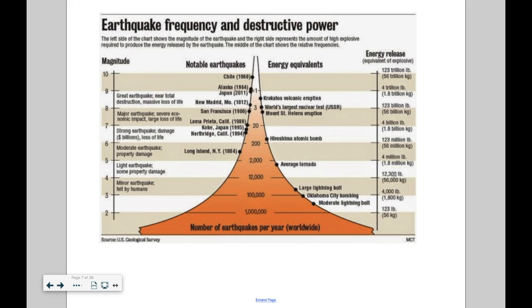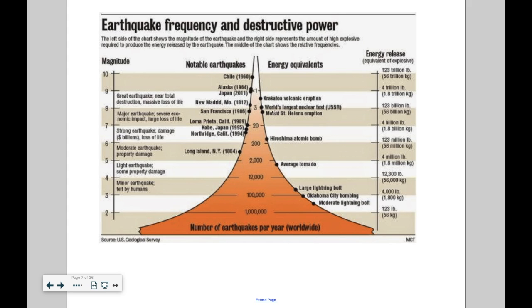And it's important to note that whether we're talking about the Richter scale or the moment magnitude scale, these are logarithmic scales, meaning that every time that you go up a number on the scale, an earthquake is 10 times more powerful. So a magnitude 2 earthquake, when you go to magnitude 3, the magnitude 3 is 10 times more powerful. If you go from a 2 to a 4 earthquake, that's 100 times more powerful. 2 to 5, 1,000 times more powerful. 2 to 6, 10,000 times more powerful.